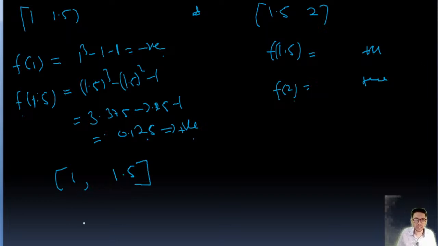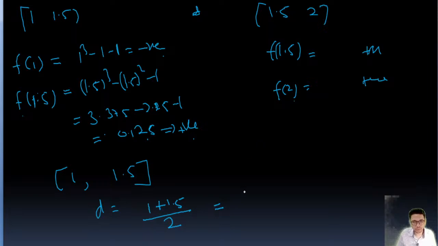Okay, so for here again we'll find that D. Bisection D. After 3 iterations we have to find. So D is going to be 1 plus 1.5 upon 2.